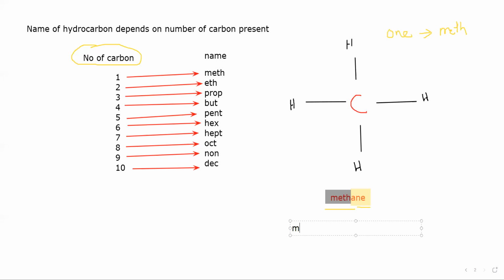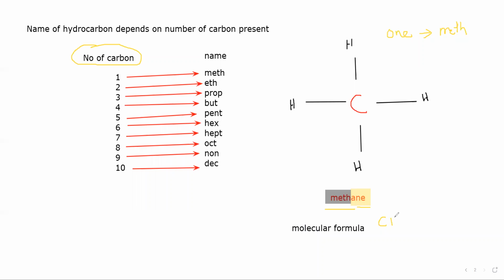What is the molecular formula? Molecular formula means the actual number of atoms which are present. So the molecular formula represents the actual number of atoms, 1 carbon and 4 hydrogen.